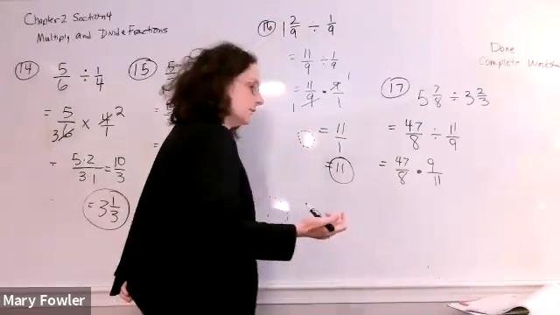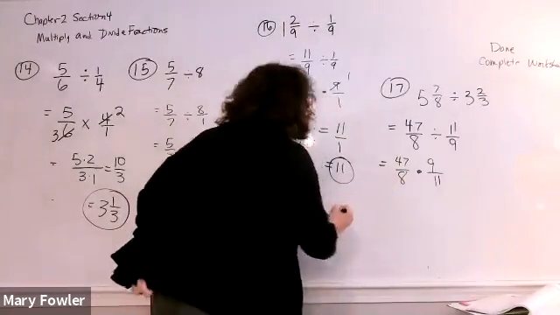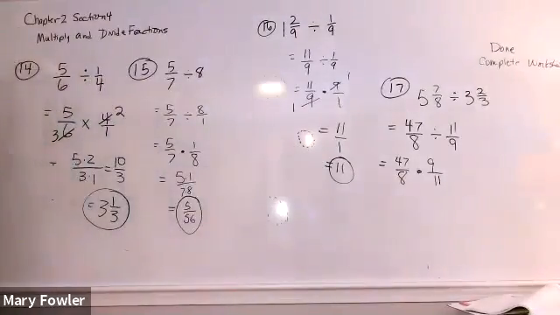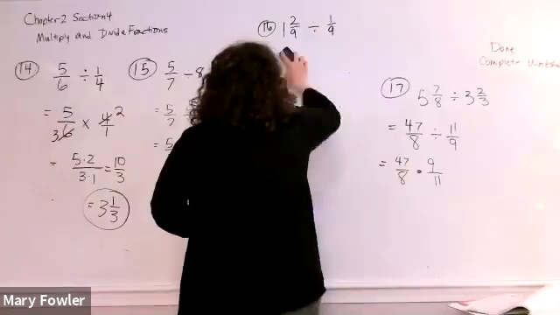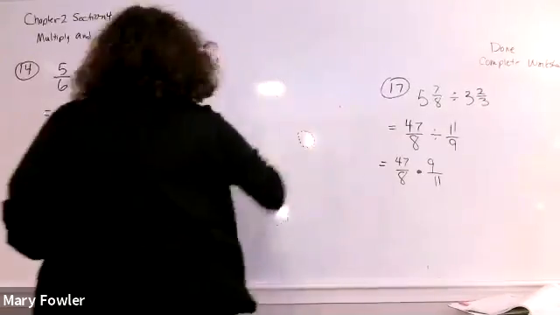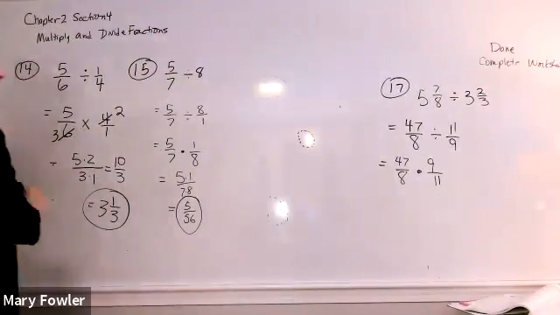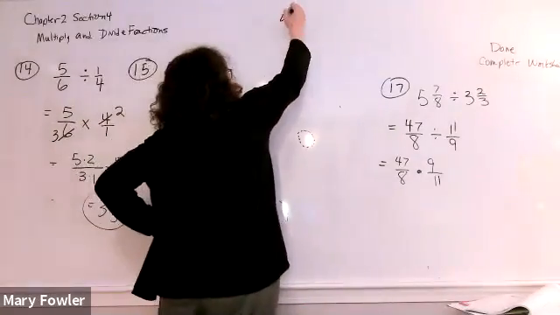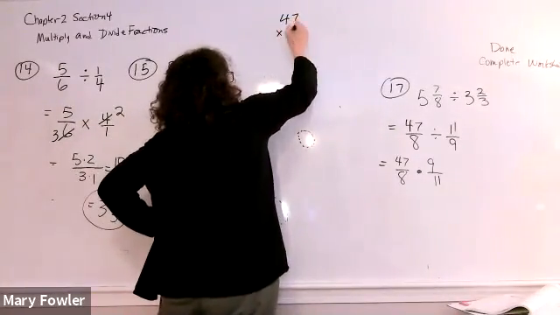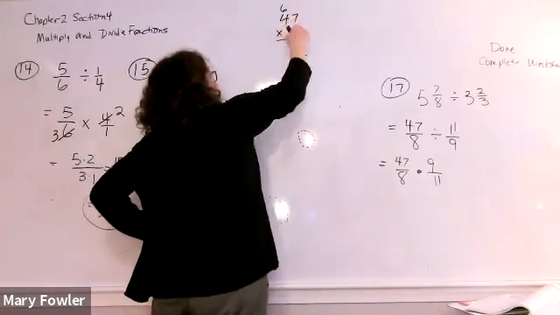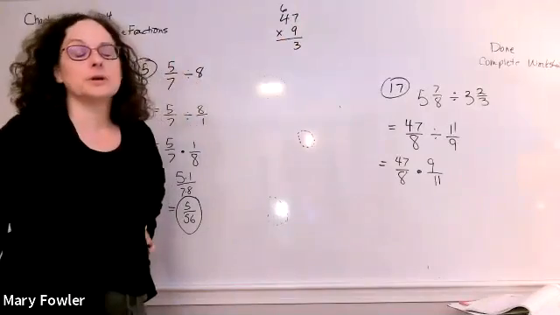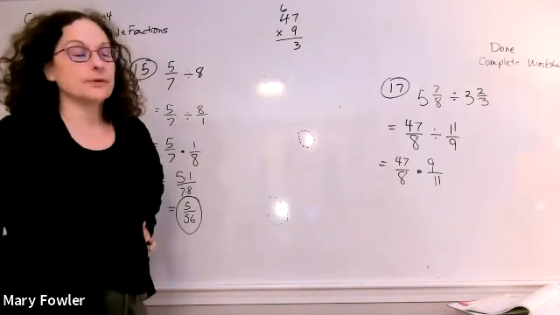And let's go ahead and do that. So we have 47 times 9. So my numerator is 47 times 9. 9 times 7 is 63. 9 times 4 is 36.